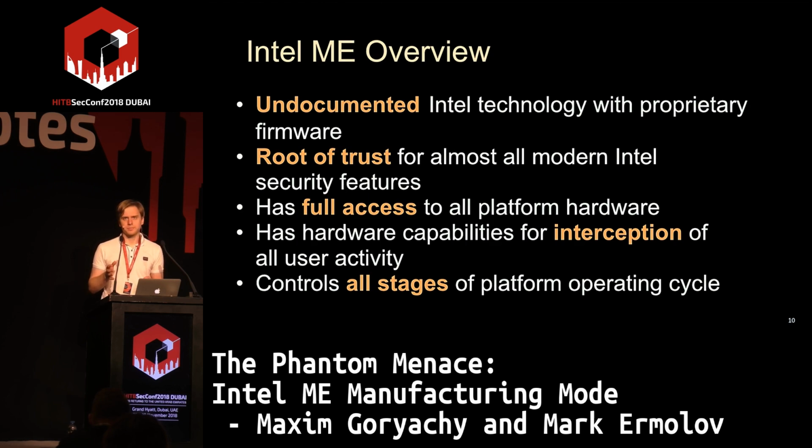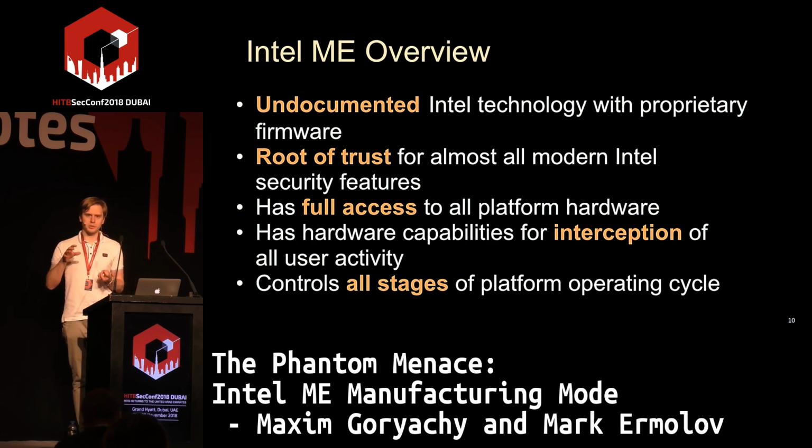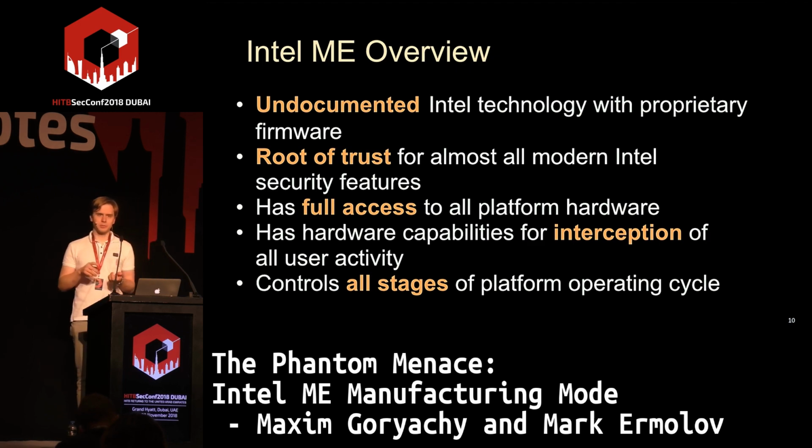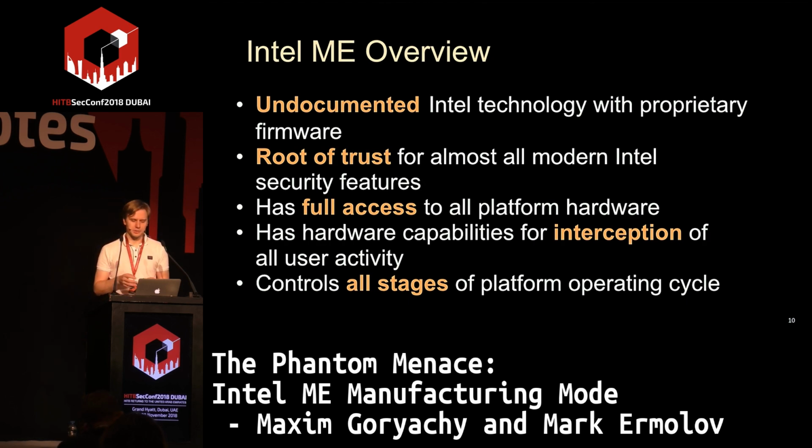For example, because the PCH is the main point in your modern Intel computers, all devices link with it, for example PCI devices, USB devices, and many others. And it's also a root of trust for many modern Intel security features like TPM, DRM, Boot Guard, and some others.